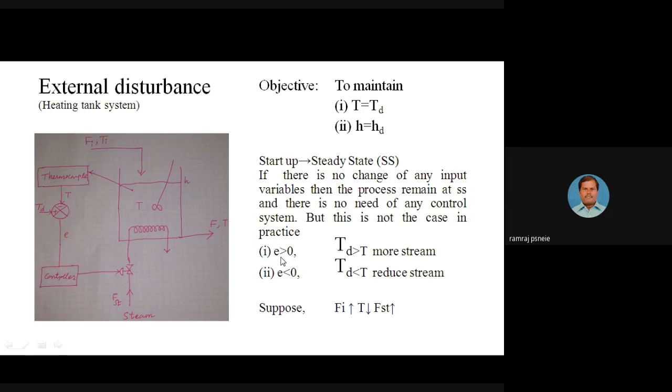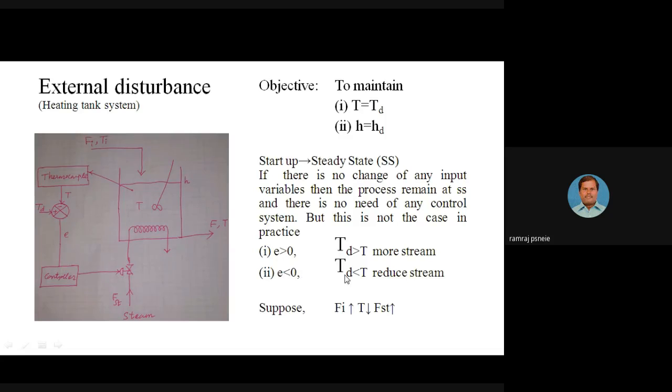First case is E greater than 0. Already I told you E is nothing but T suffix D minus T. E greater than 0 means the desired temperature value is greater than the measured value of temperature T. At that time you should open the valve much more and admit more steam to boost up the temperature inside the tank.